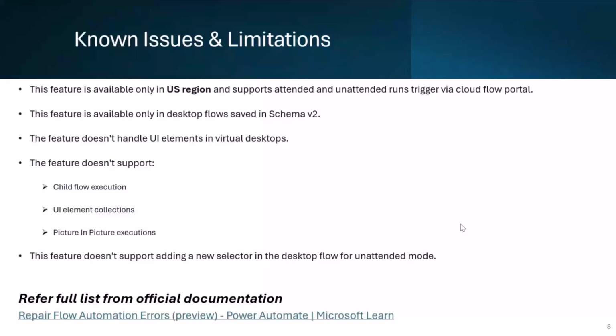So if we trigger this flow from the cloud, it will get stuck there again, and it will prompt for the recommendation. It also cannot suggest error fixes for UI elements in a virtual desktop. The feature does not support child flow execution, UI element collection, and picture in picture execution. You may refer to the official link mentioned at the bottom of this slide.